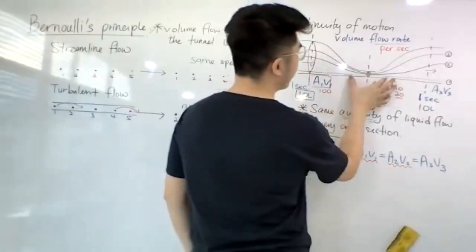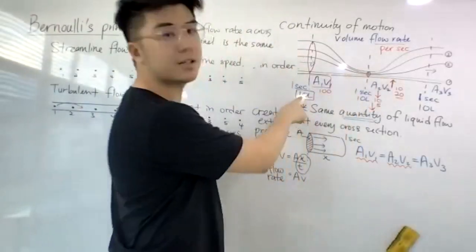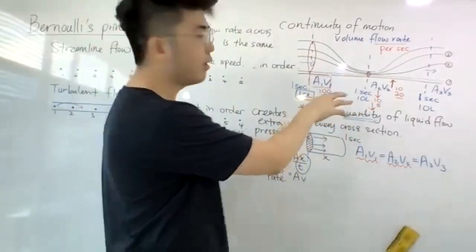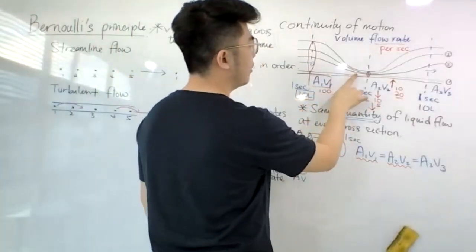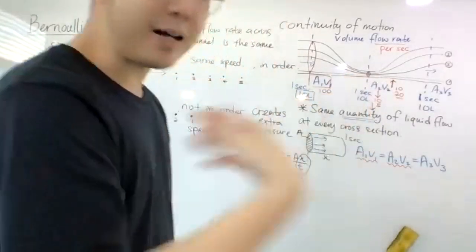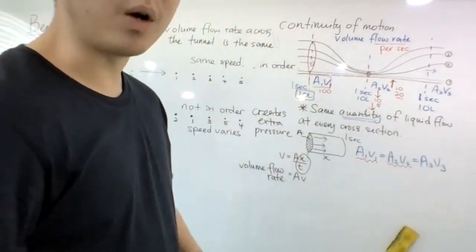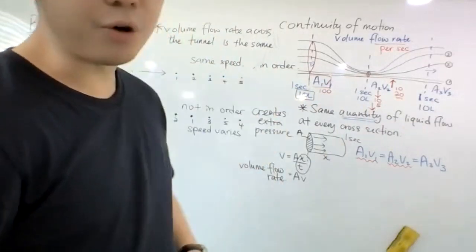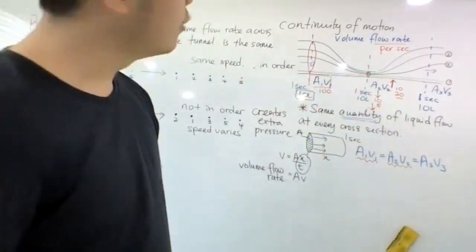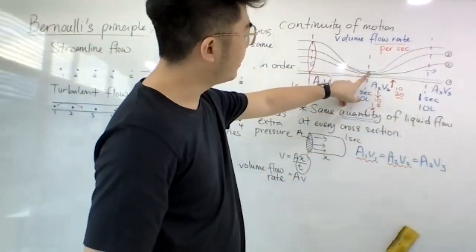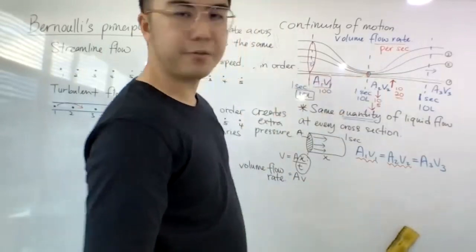But in this middle section, if you want to pass 10 liters of water across the smaller section, then you have to pass it very fast because each time you pass the water, it is just a small volume, right? So you have to do it very quickly. That means the velocity here will increase very fast.